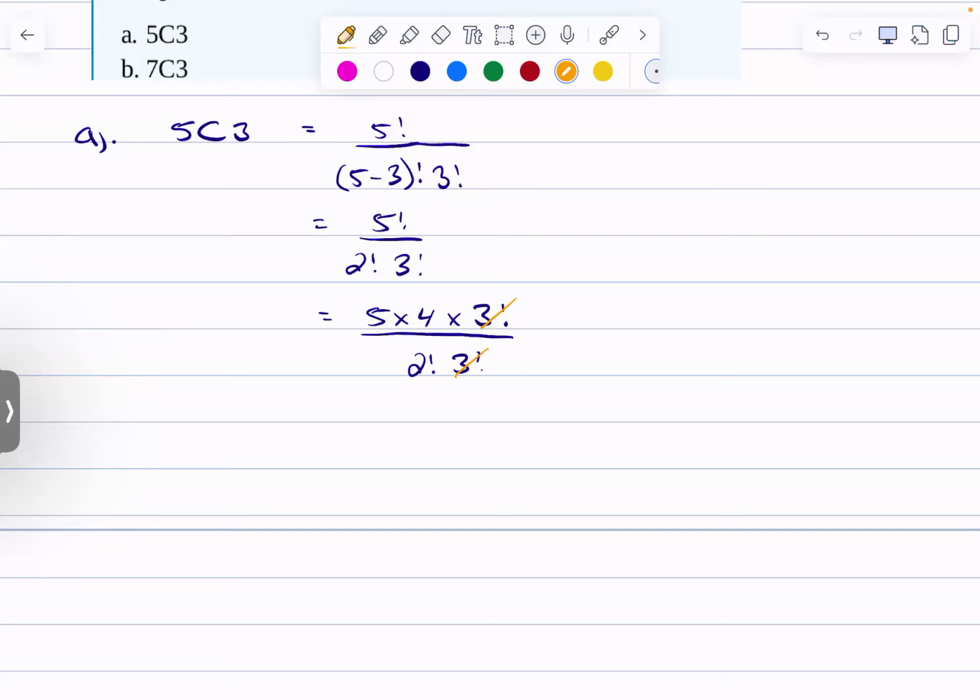You could go to 2 factorial, but 3 factorial is bigger. And if you can lob that off, that's going to make your calculations a little bit easier. Because what's 2 factorial? 2 times 1, just itty bitty. Hardly even counts.